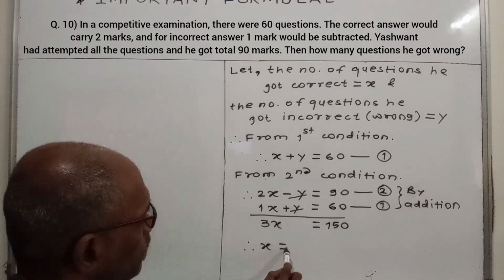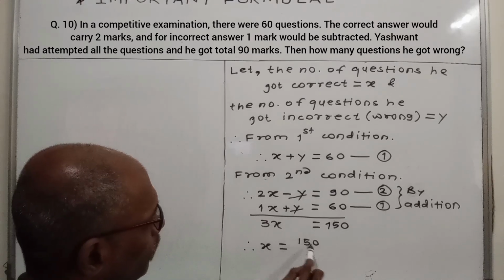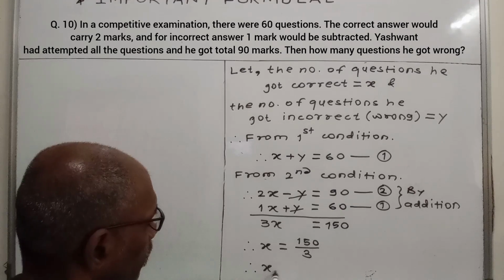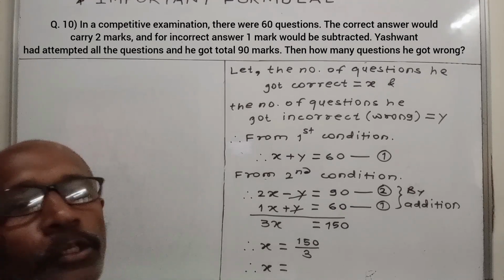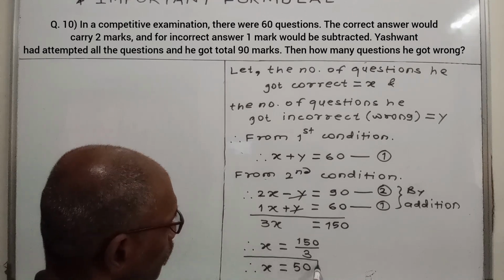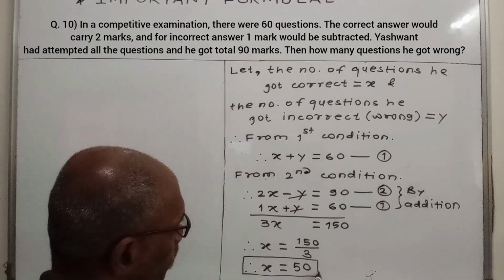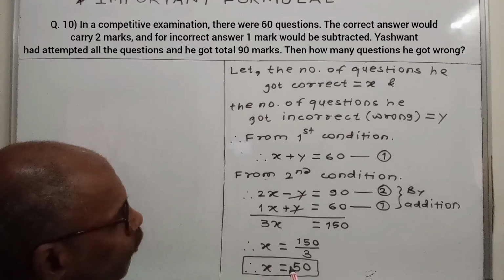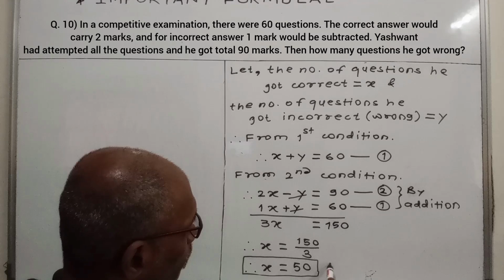Therefore, x is equal to 150 upon 3. Therefore, x is equal to 50. Did you get it? These are the number of questions he got correct. Okay.